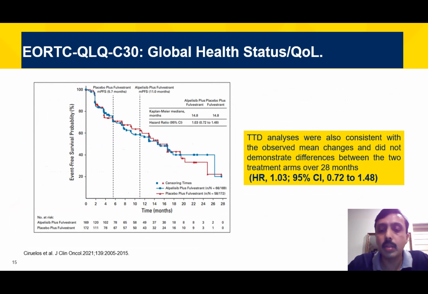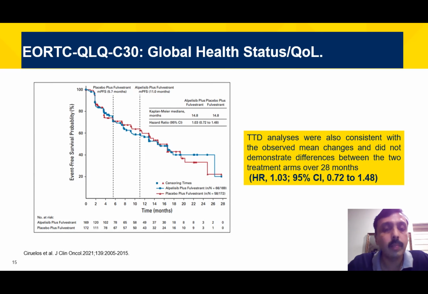One more terminology which comes up here is time to 10% deterioration, TTD. TTD is used in various trials, and there are various ways in which it is described. So here, just remember that it was time to 10% deterioration. Over a period of time, if the drug is really affecting the quality of life, the TTD is going to be different. But comparing placebo plus fulvestrant and alpelisib with fulvestrant, the TTD was consistent and did not demonstrate a difference between the two arms over 28 months.